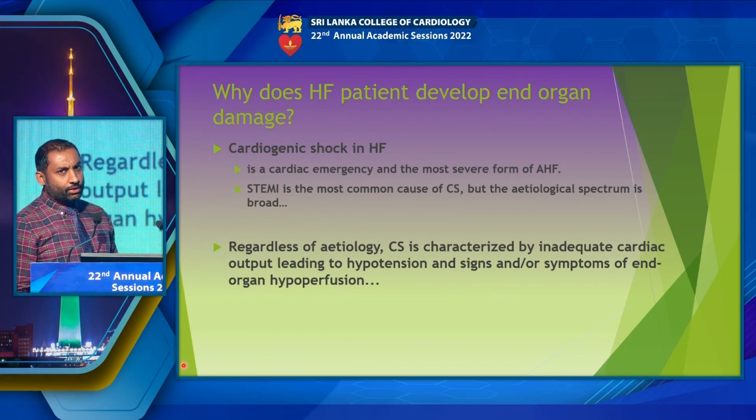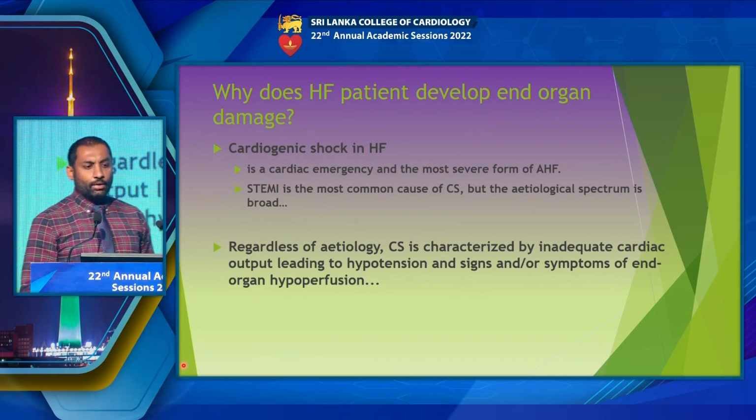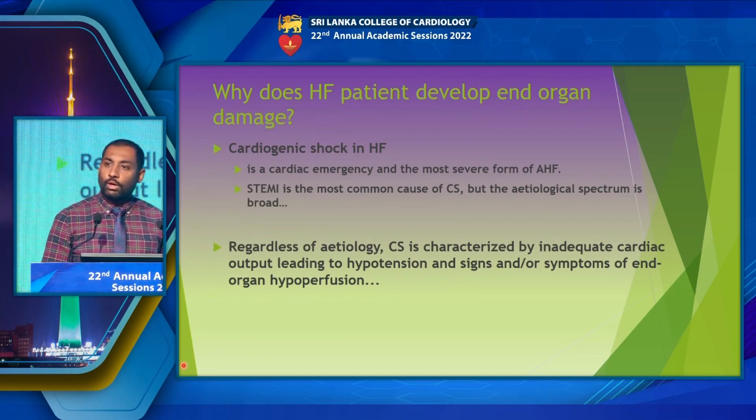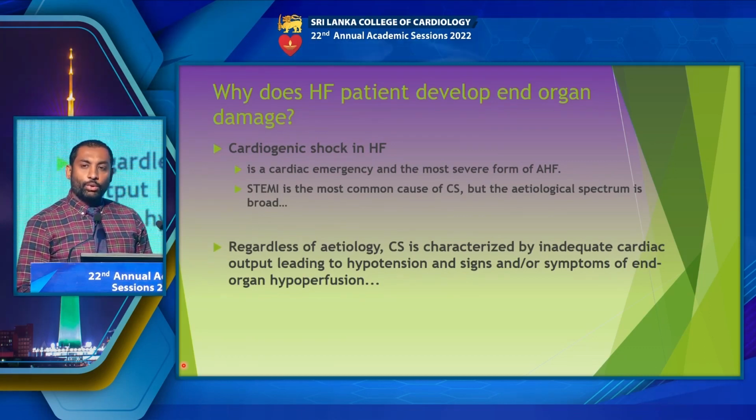Cardiogenic shock is the acute process where you get a cardiac emergency with the most severe form of acute heart failure. The main cause for cardiogenic shock is heart attack, especially ST elevation myocardial infarction, which results in hypoperfusion, congestion, and end organ damage.